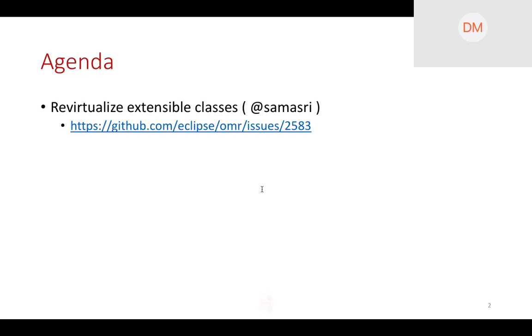Samer, do you have data on which classes have the most number of self calls? We still don't have the number of self calls exactly, but we have which classes have the most number of overrides. Okay, which ones have the most overrides then?